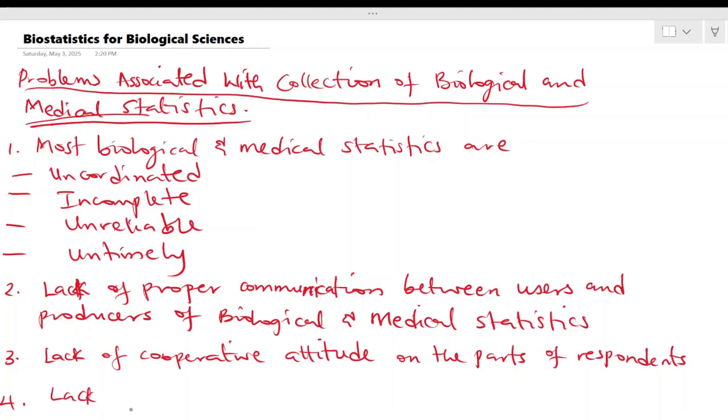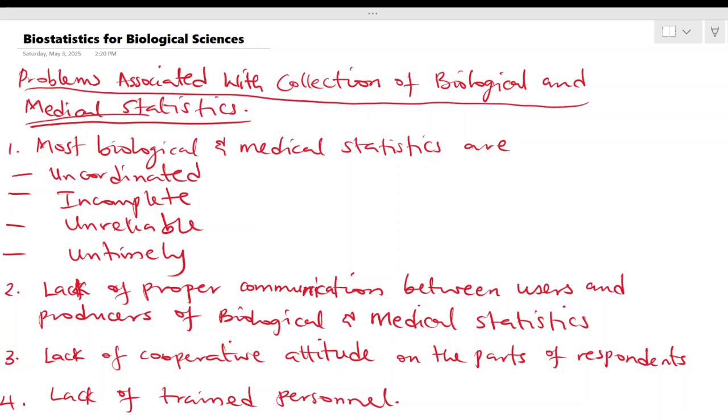The last but not the least of the problems associated with collection of biological and medical data is the lack of trained personnel. A lot of persons going about the collection of this data are not adequately trained.